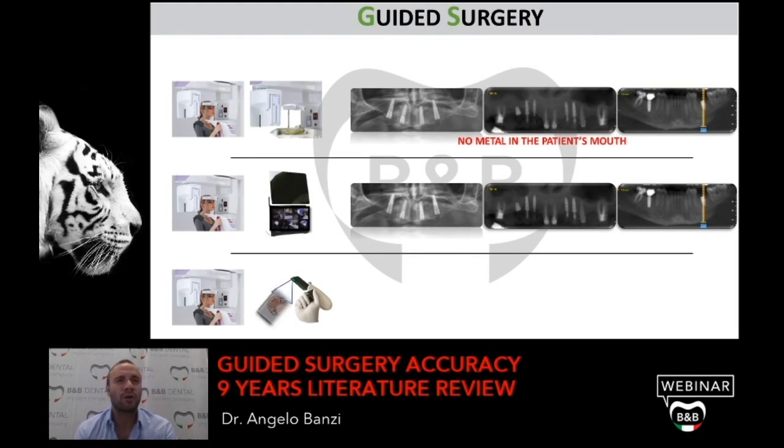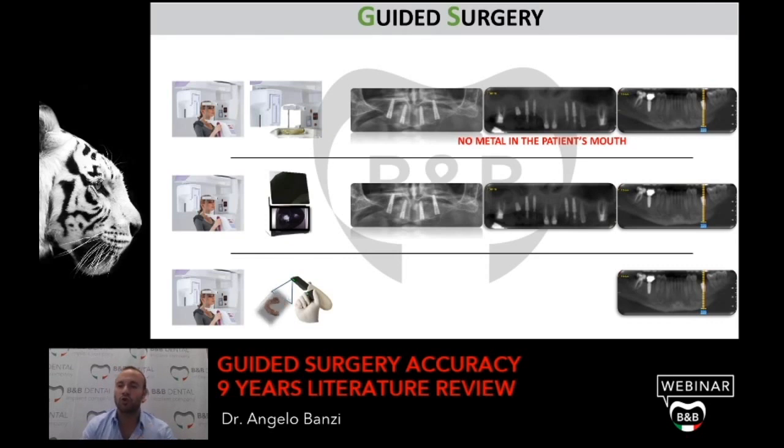The second workflow requires a CT Combine imaging of the patient wearing the radiological template and the STL file of the plaster model and the radiological template. Finally, the intraoral scanner allows me to handle only the single tooth rehabilitation or short dental rehabilitation.